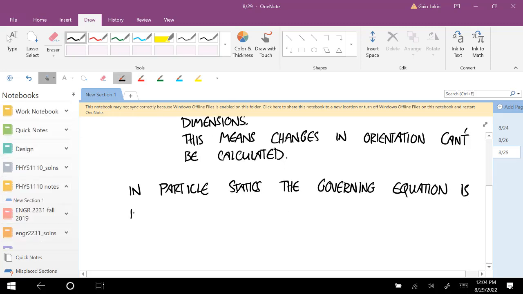I'm going to use this abbreviation all the time, N2L, Newton's second law. And we're talking about statics, so nothing is accelerating. So the governing equation is the net force acting on a body is equal to 0. And that's a vector calculation.